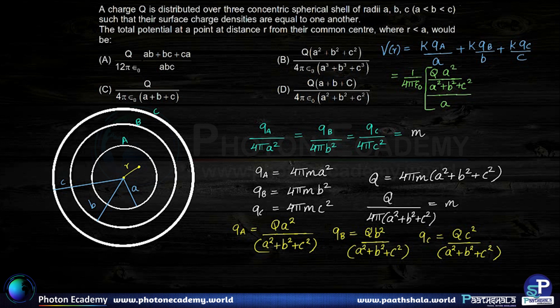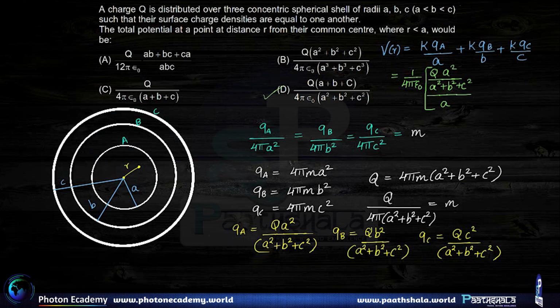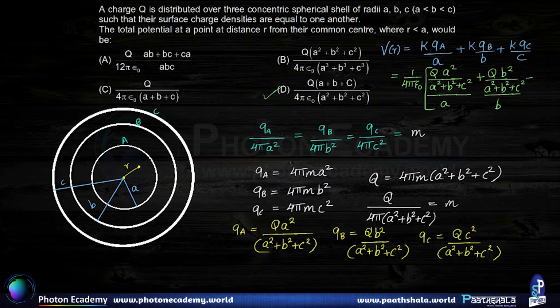So in the numerator we'll be simply left with a into Q, and in the denominator we'll have a square plus b square plus c square. Already matching the terms, we can understand that this is going to be the answer. So let us see why and how. So this is going to be Q b square upon a square plus b square plus c square, whole divided by b, plus Q c square upon a square plus b square plus c square, whole divided by c.